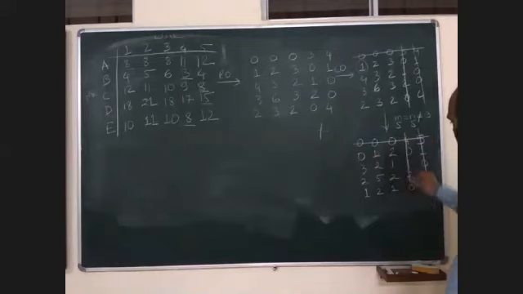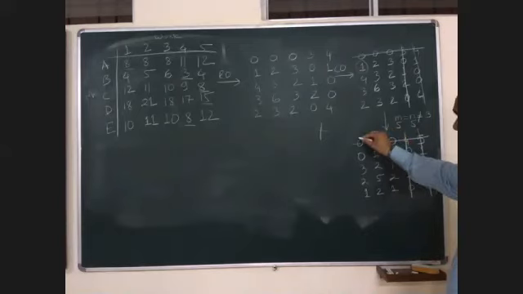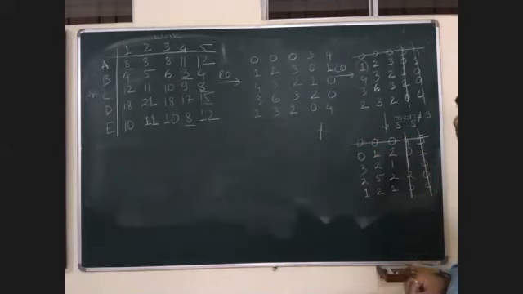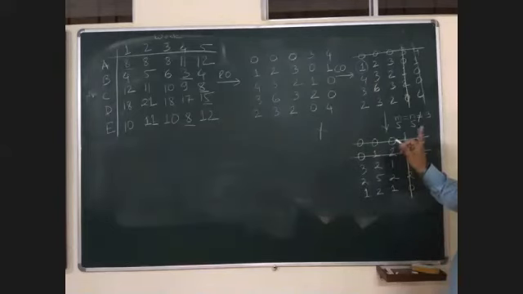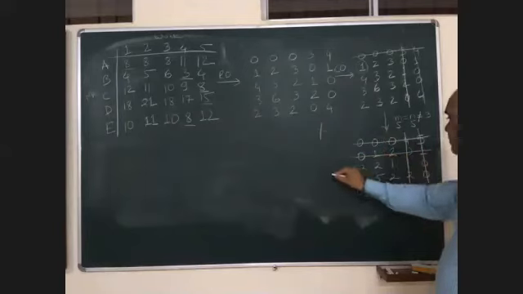Again, choice is with you, either column wise or row wise. Which way you want? Row wise. Okay, row wise. Right? Number of lines: 1, 2, 3, 4.